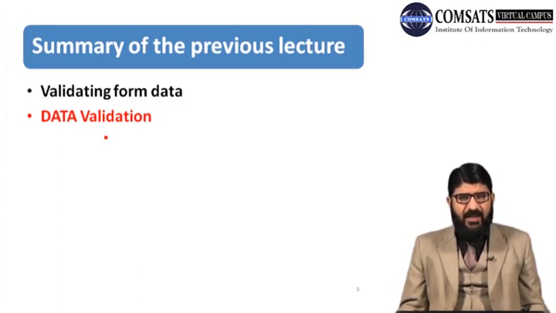The other way is checking the pattern of particular fields. How to check that? You can use different pattern attributes. For example, for email there is a specific pattern. You can check that with respect to pattern, that is using a regular expression inside, in order to validate the data.